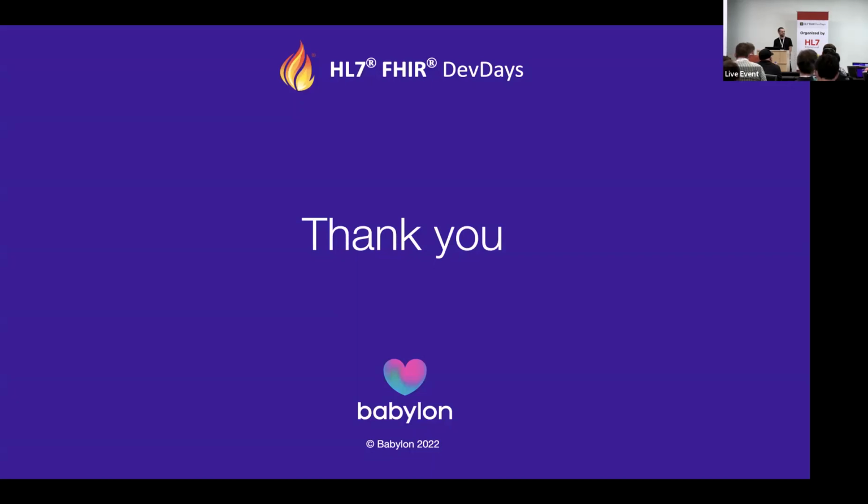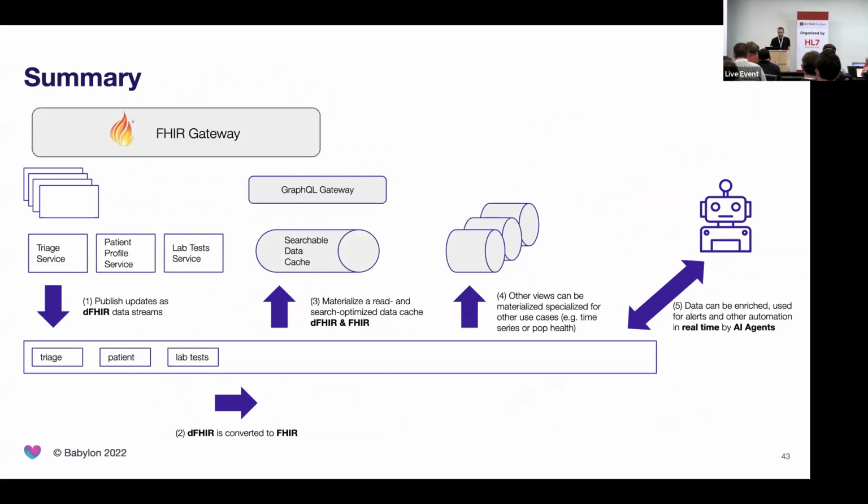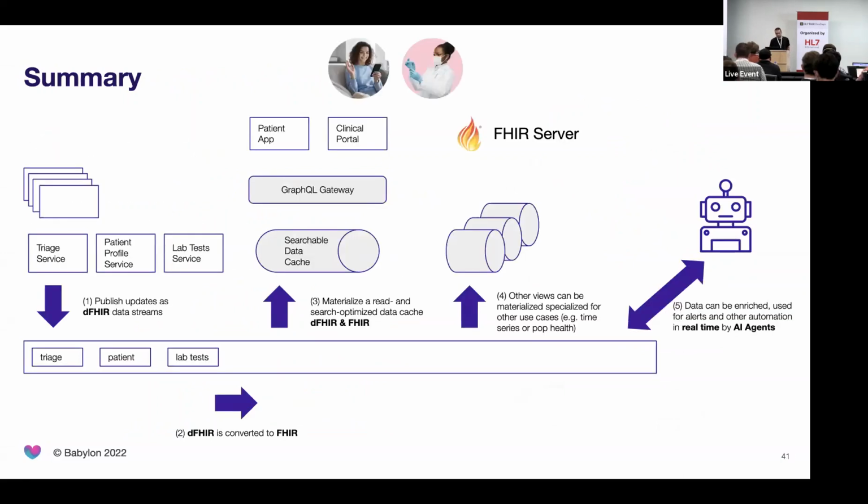Second question: how do you maintain data consistency when multiple applications update the same value? Yeah, so there's a bit of detail missing from this diagram, which is that updates to the triage stream can happen in two ways.